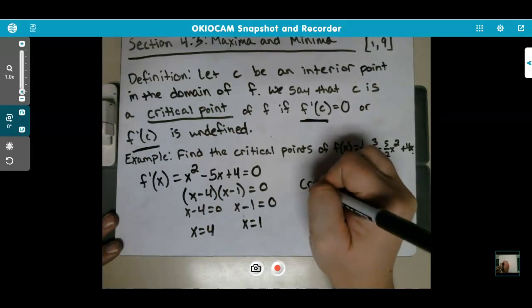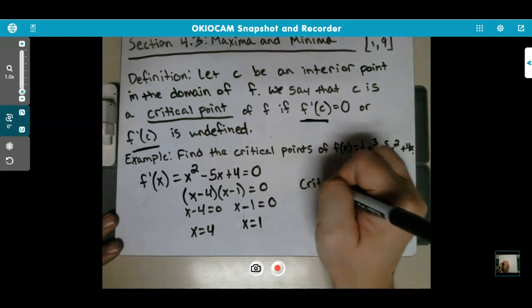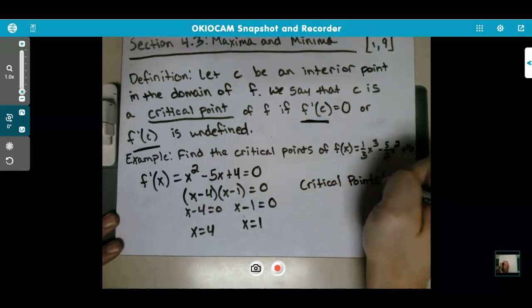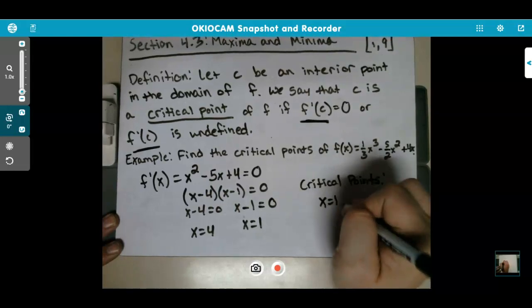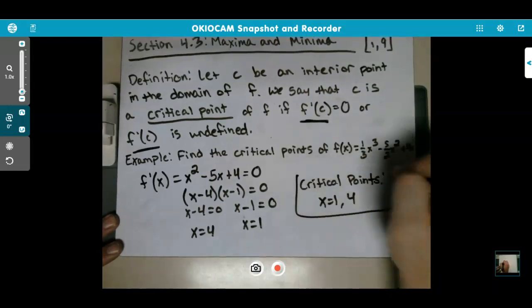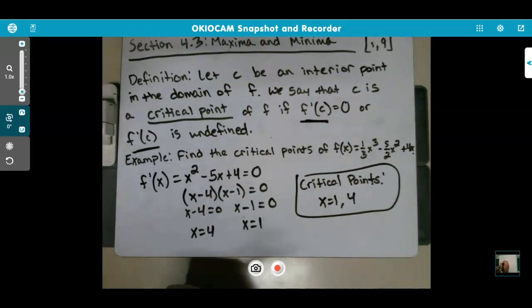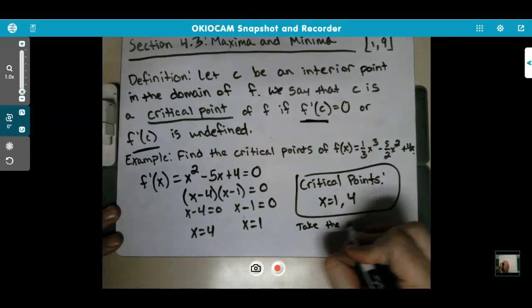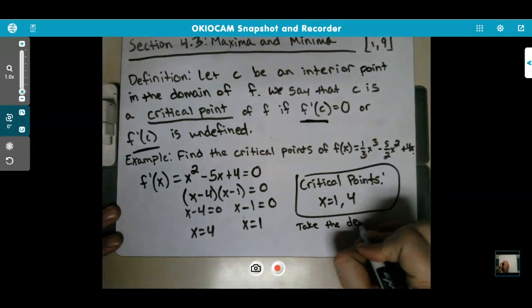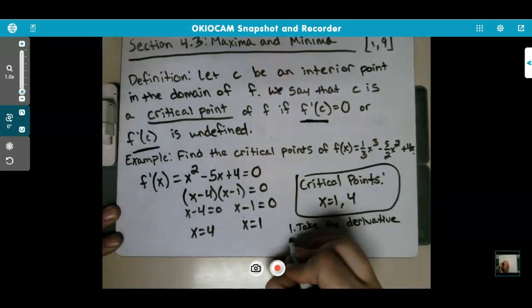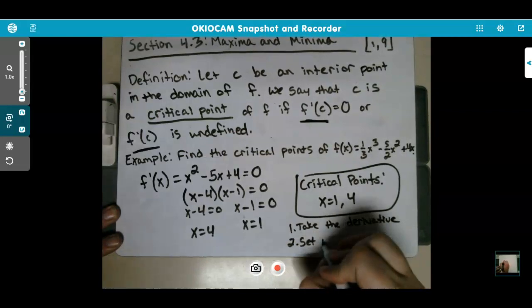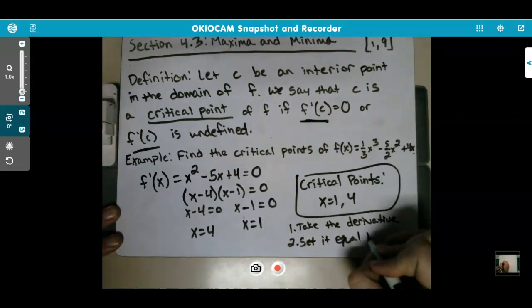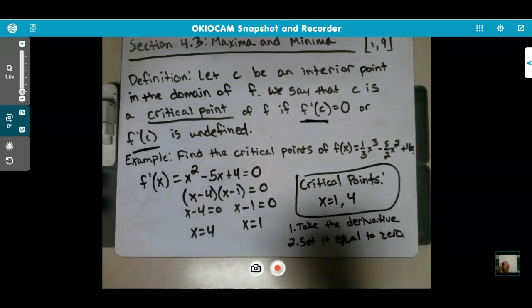Therefore, the critical points occur at x equals 1 and x equals 4. So again, all we did there is take the derivative and then set it equal to 0. That's all I've got to do to find what the critical points are.